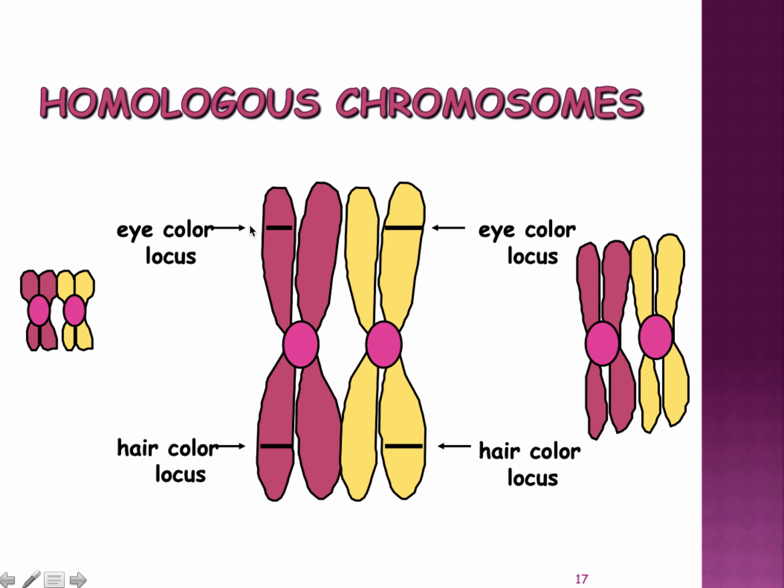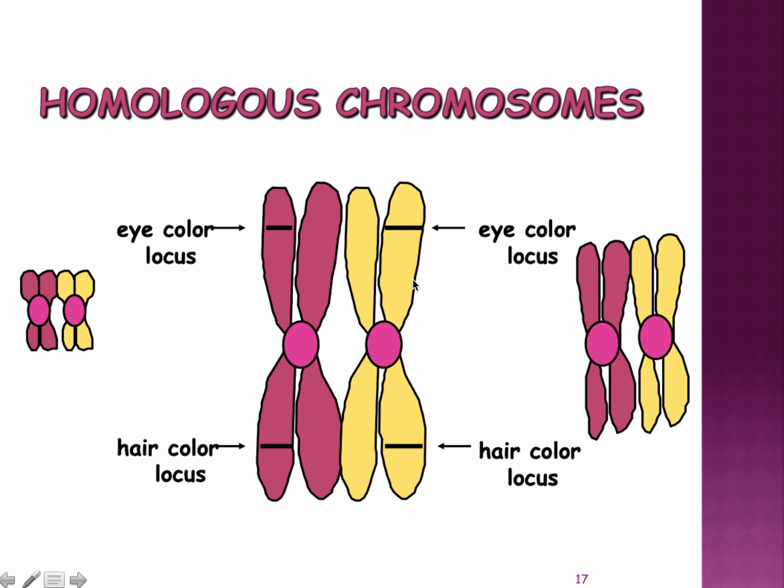Mom had blue eyes, and the eye color locus for mom is located in one section of that chromosome, and that's the same for dad, but there it's probably green. Then on another part of the chromosome you may have coding for hair color, and mom might have brown hair and dad might have black hair.